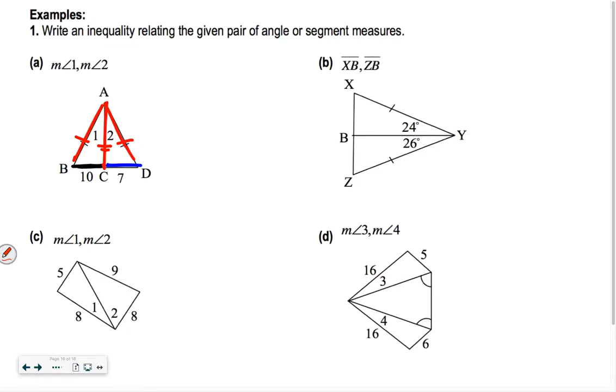Across from the 10 is going to be the bigger angle. So this one's the big one, this one's the small one. Is that what you had? So if we relate them, we would say the measure of angle 1 is greater than the measure of angle 2. How else could I have phrased that? The measure of angle 2 is less than the measure of angle 1. I don't care which way you do it.